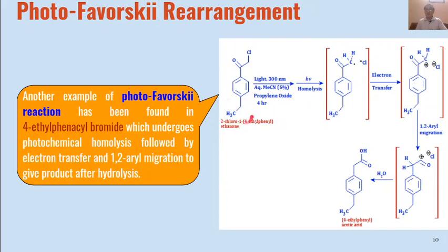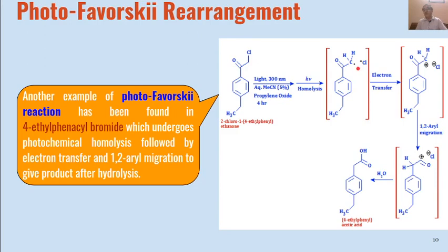So if we have 4-ethyl phenacyl chloride and this undergoes photochemical reaction, this will undergo homolysis by breaking of this carbon-halogen bond to give us this type of radical.